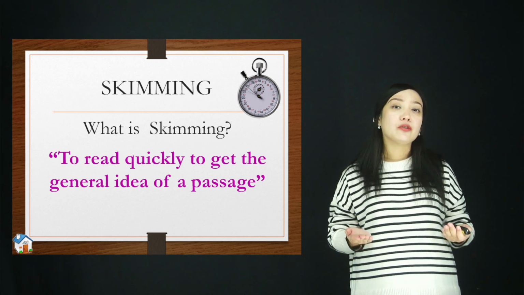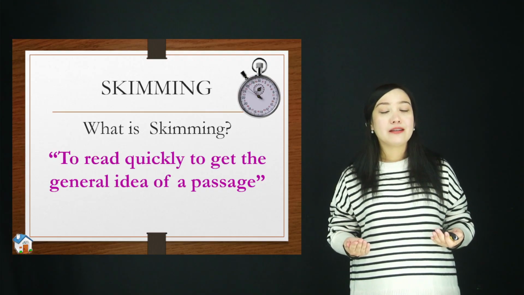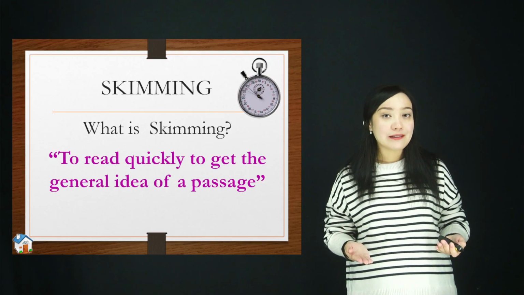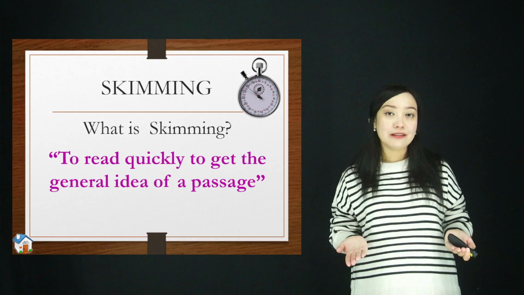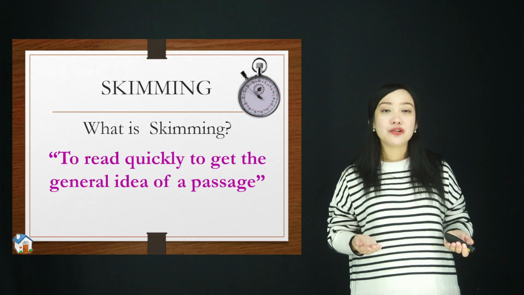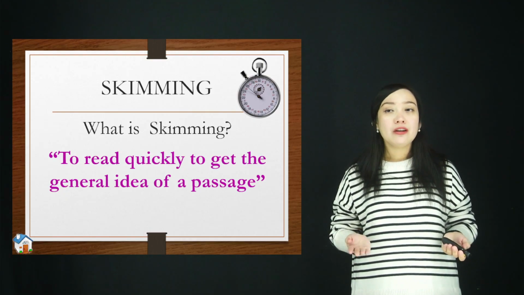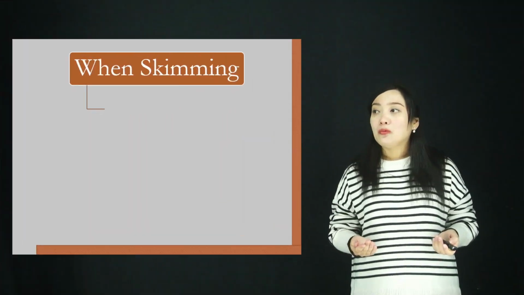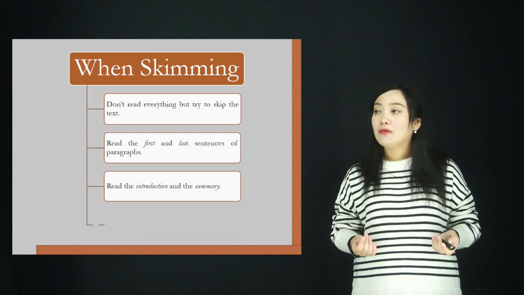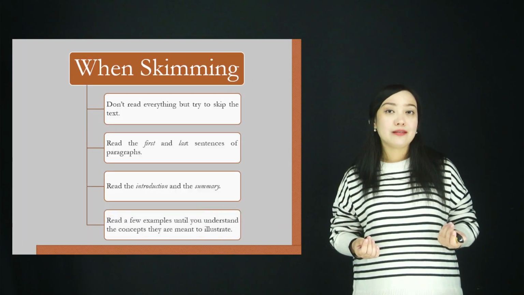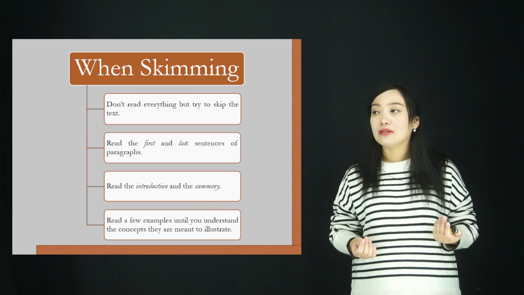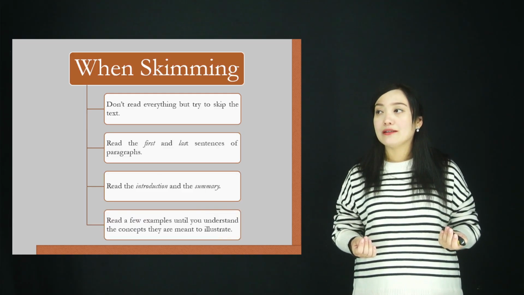You can read the paragraph fast, and also you can get gist and you can get general idea of the passage or text. When skimming, we have these passages and we have the process of doing the skimming.